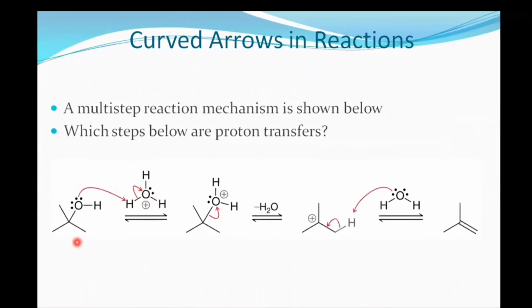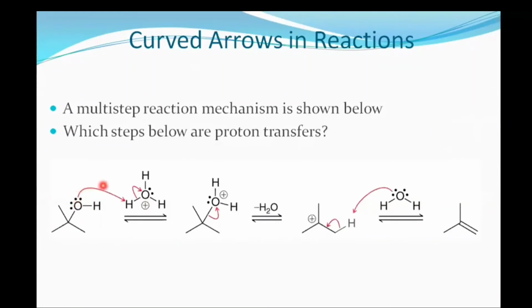Consider this in which this is one species and hydronium ion is the second species. Now this oxygen has a lone pair. This oxygen attacks with its lone pair on the hydrogen, and this bond is now moving to this oxygen with the formation of water. Here oxygen is forming three bonds, so it has a positive charge on it.